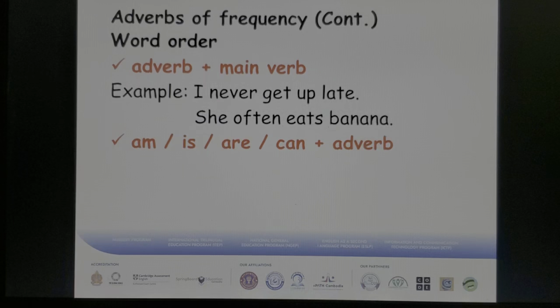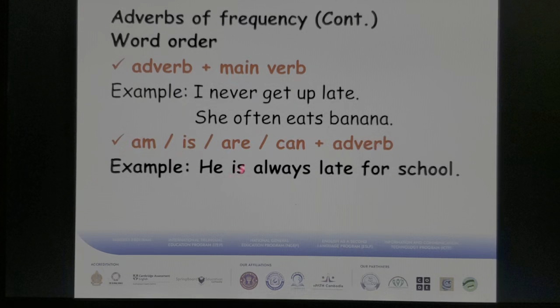For example, he is always late for school. You cannot say he always is late. The right answer is he is always late. So subject plus verb to be is, and then always.